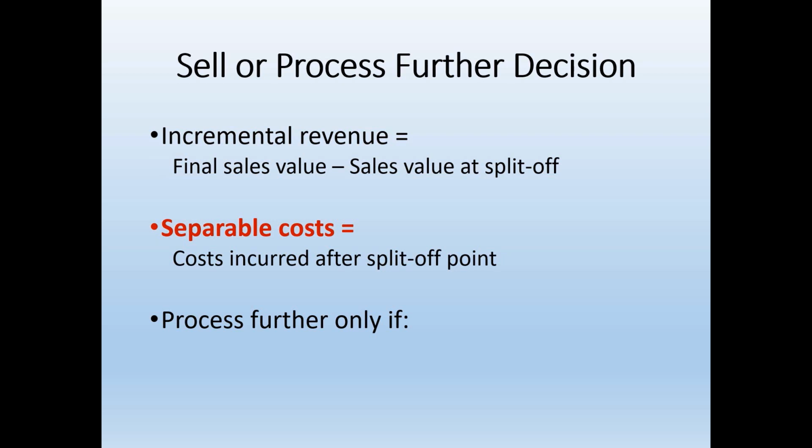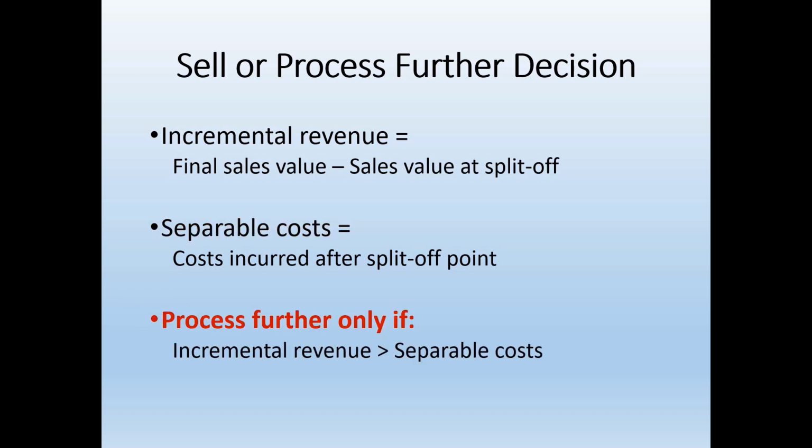And the separable costs are the costs incurred after the split-off point. The unique costs to turn apples into apple pie or to turn apples into applesauce. And the decision rule is to process the product further only if the incremental revenues, the increase in the sales value, is greater than the separable costs, what it costs to get there.